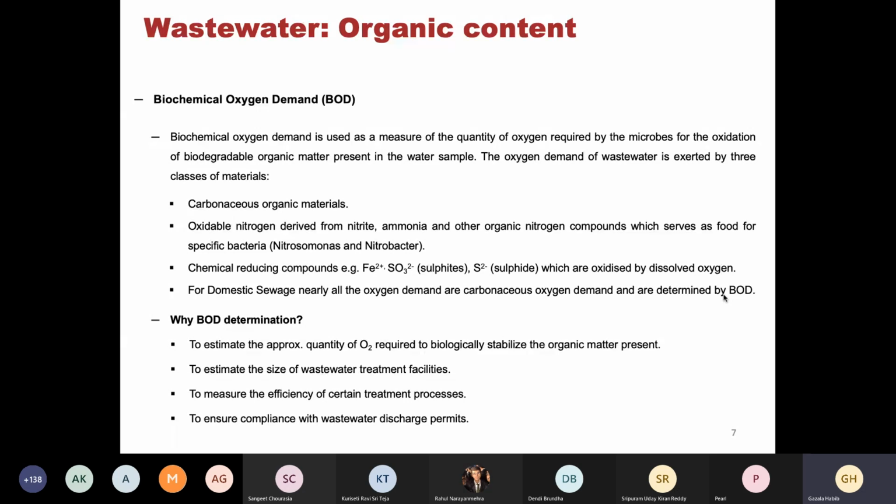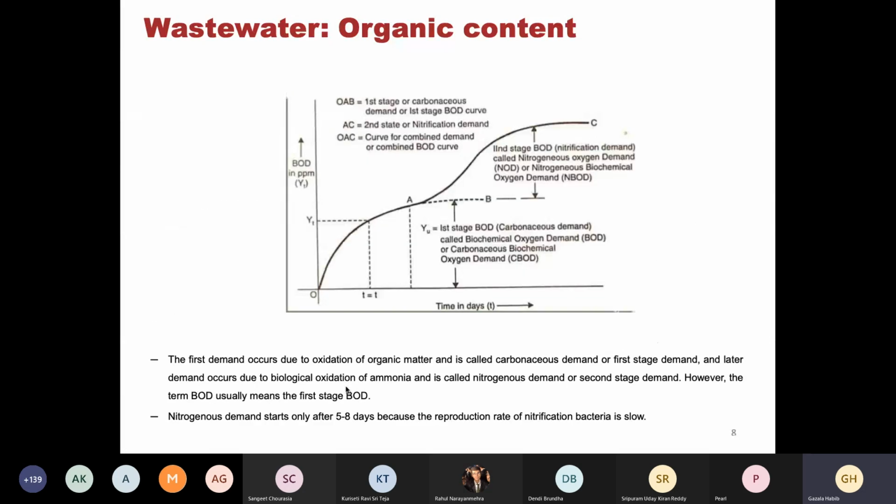Mostly the carbonaceous organic materials are the main component, and the oxygen required to degrade that organic matter is known as the oxygen demand of the sewage and is determined as BOD. Why BOD determination? To estimate the approximate quantity of O2 required for treatment, which I think I have already told you. Now, what is BOD?